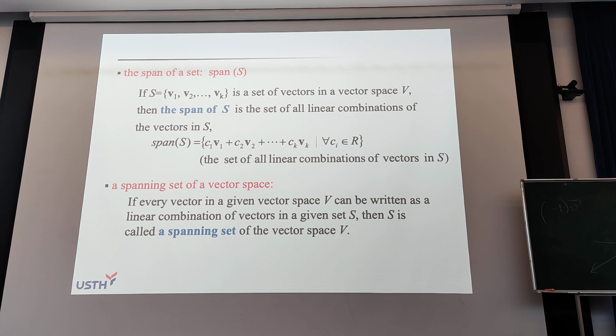So you see, in this slide we have two parts. The first one is span of S. The second one is spanning set of a vector space. Because it can give you some confusion, I will explain it for you in Vietnamese.